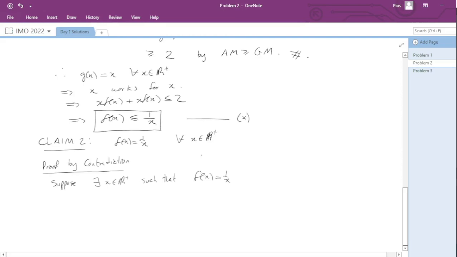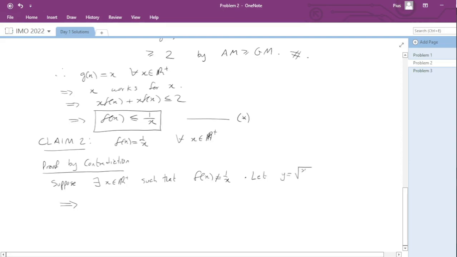So we're going to be making use of equation star. Before we move on, we're going to substitute a value of y that doesn't work.